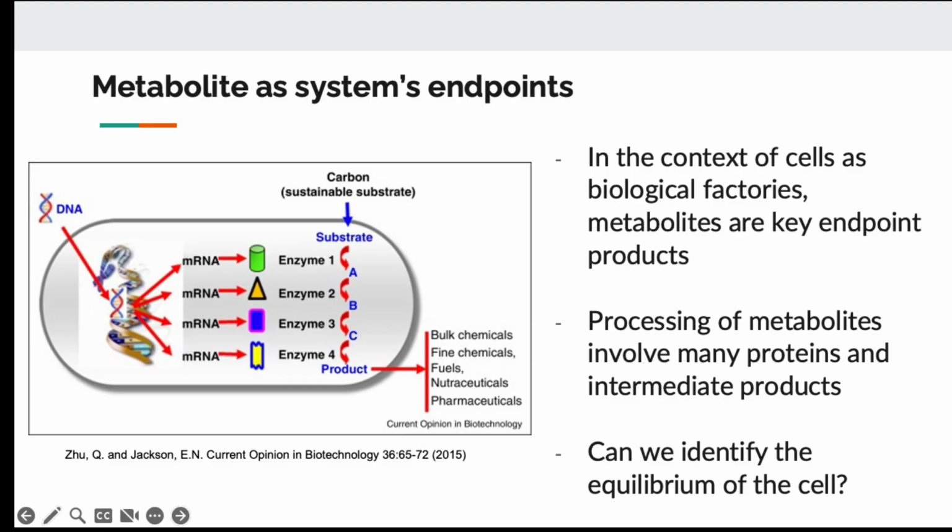So what we are interested in here is when we put multiple enzymes into the system, and we have some knowledge about the enzymes, we hope that they will digest the substrate and then create the product that we want. There are two things that we want to understand. First, what's the dynamics of the system? If I put in 10 molecules of substrate, how many molecules of product would I get?